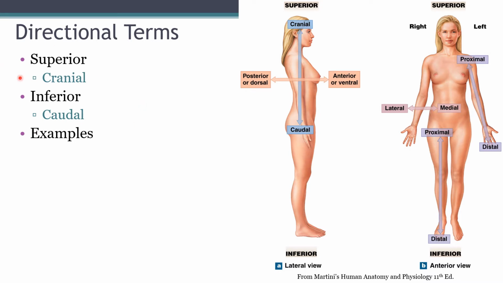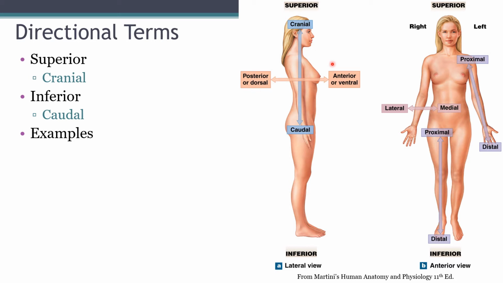All right, so let's start with superior and inferior. So superior means closer to the top of the body. Now, there's going to be another term in humans that will be interchangeable with superior. That will be what's called cranial, because cranial technically means closer to the head. Now, the reason that superior and cranial are interchangeable in humans is because we walk on two legs, not on four legs. Okay? So because we walk on two legs, superior and cranial mean the same thing.